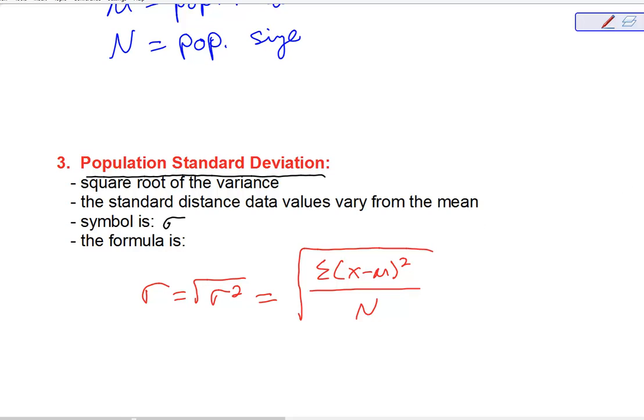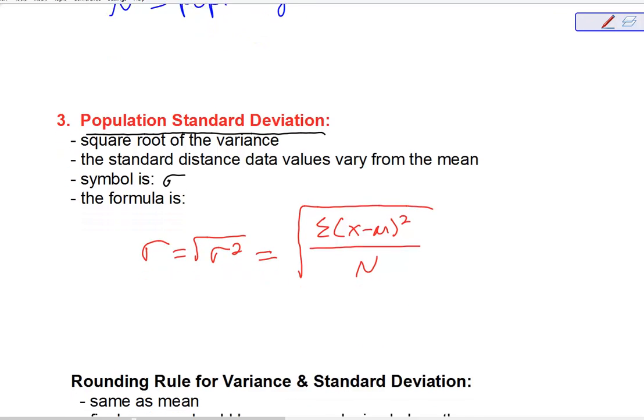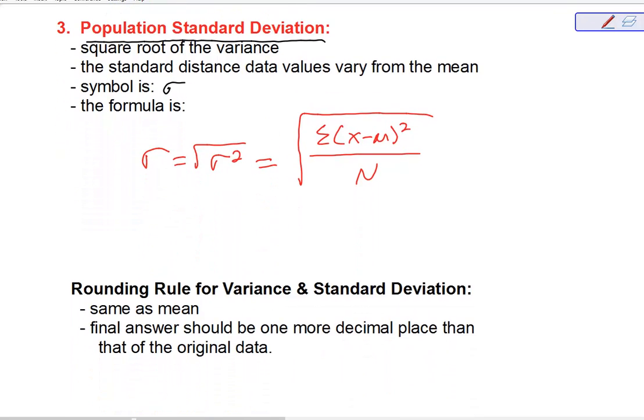Now, just like where we had rounding rules for mean, median, and mode, we're going to have rounding rules for variance and standard deviation, and they're going to be the exact same as our mean. Your final answer should be one more decimal place than your original data.